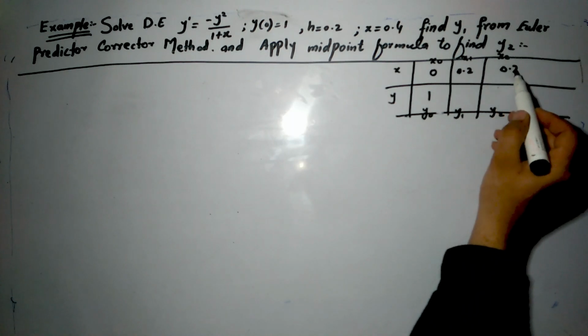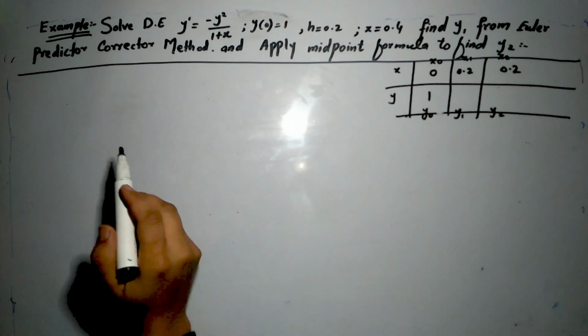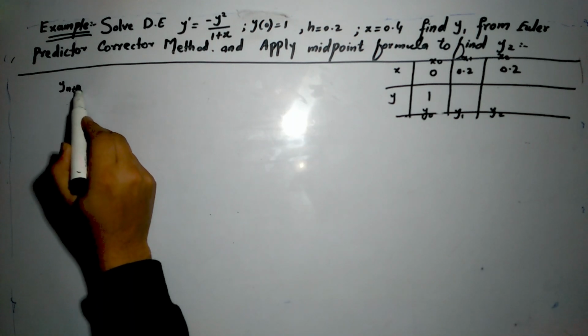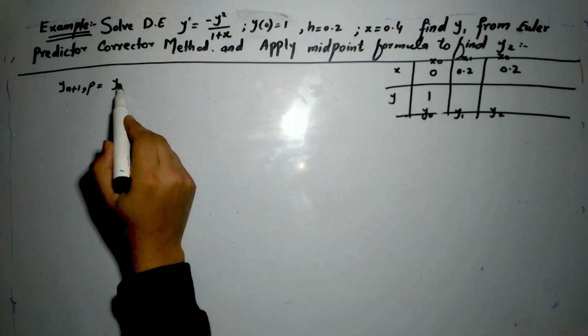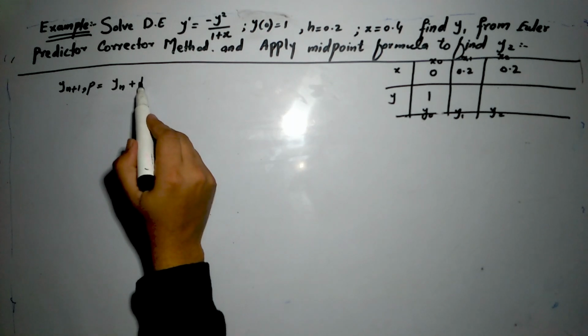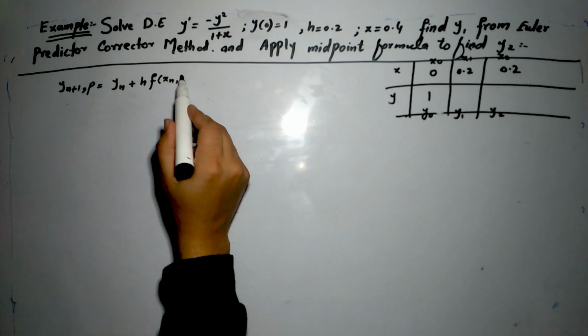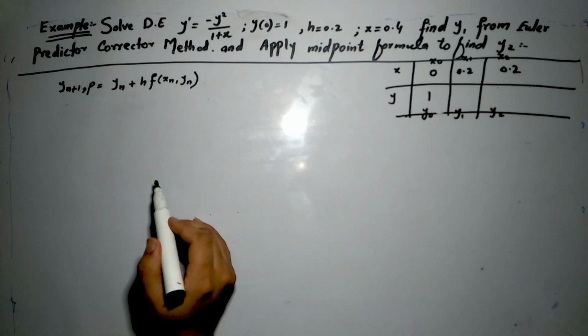So we have to form, we know that the Euler predictor formula is y of n plus 1, p is equal to y of n plus h f of xn and yn. This is equation number 1.